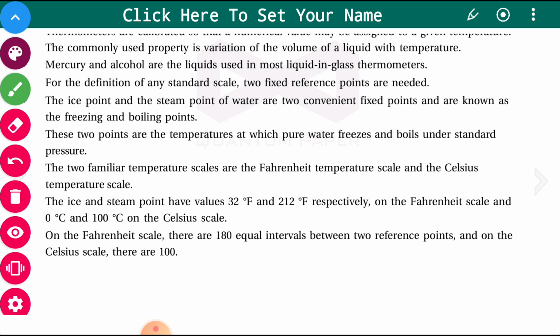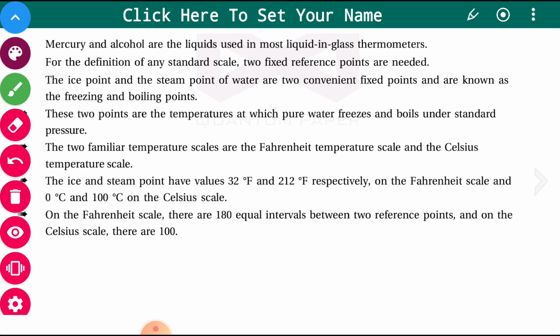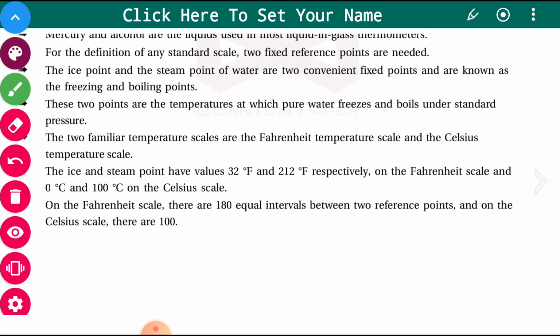used in the thermometer. For the definition of any standard scale, two fixed reference points must be there. If you want to define a standard scale, there must be two points, one from which it begins and one where it ends.